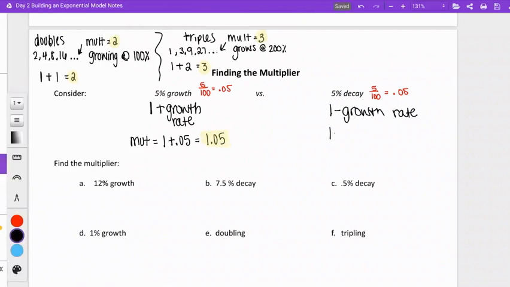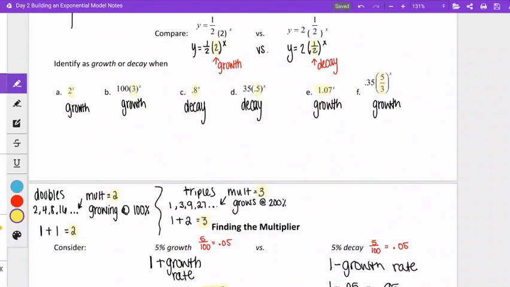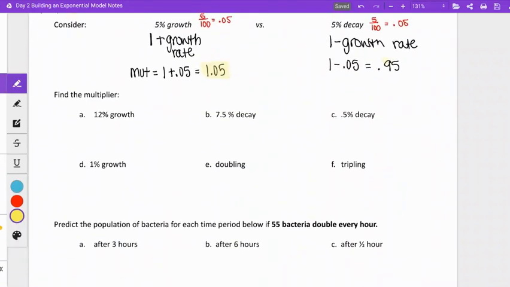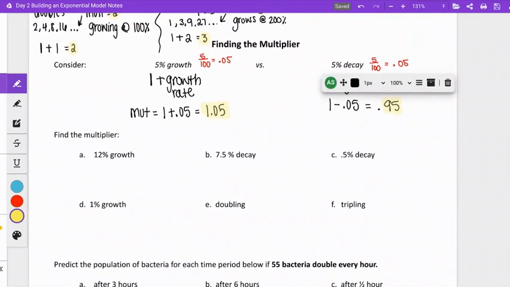Okay, if we take 1 minus 0.05, that gives us the value of 0.95. And if you take a look at that, if we're talking about decay, that is less than 1. So greater than 1, less than 1, still working with percents here.